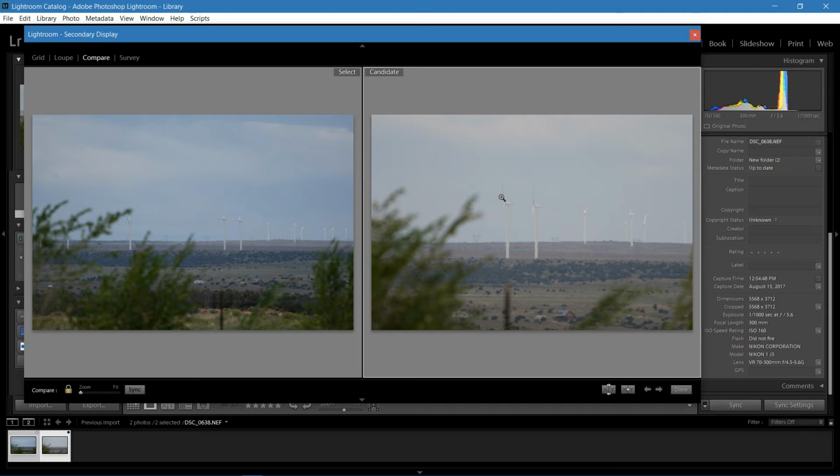Conversely, with the Nikon 1 camera system, since we have a 2.7 crop factor, we have to multiply that crop factor times the 300 millimeter physical focal length and that gives us an apparent focal length of 810 millimeter.